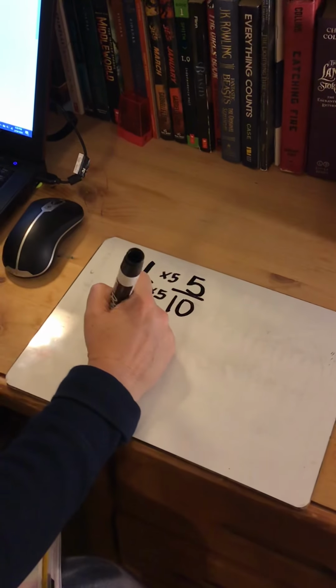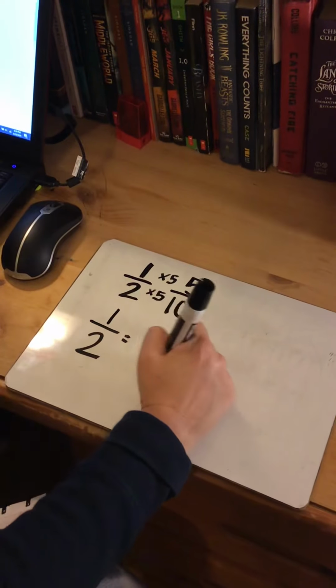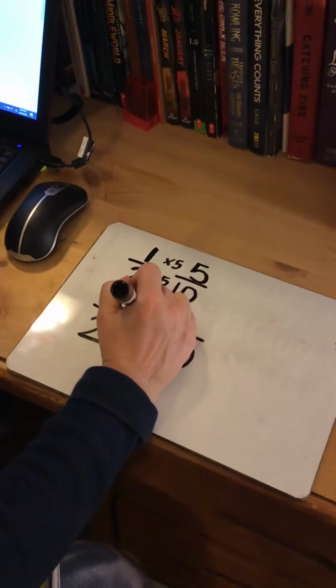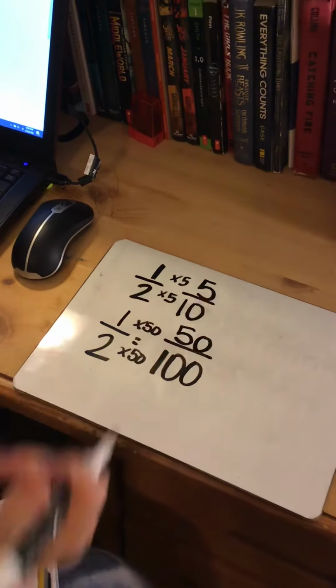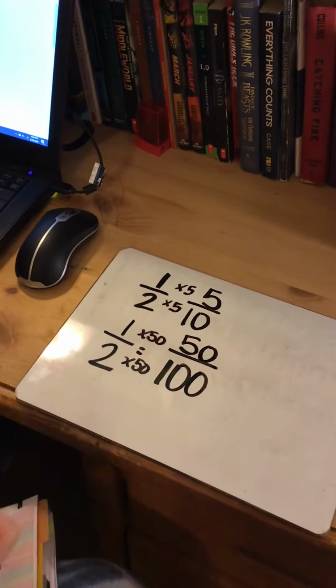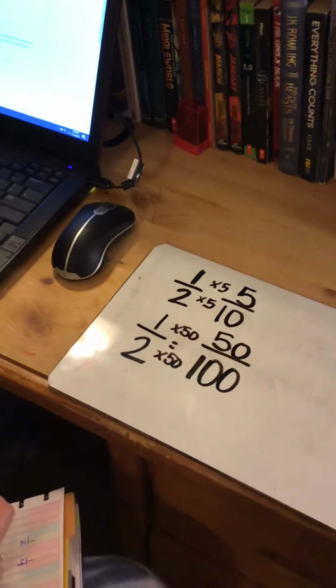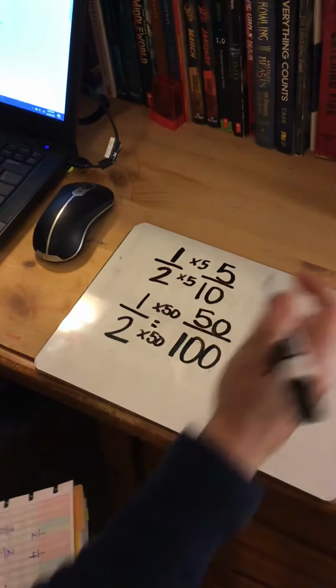Now we could have also made this equivalent to 100. So that would be times 50, times 50. So 5 tenths, 50 hundredths, and 1/2 are all the same thing. But when you write something as a decimal, you have to put it in tenths or hundredths.